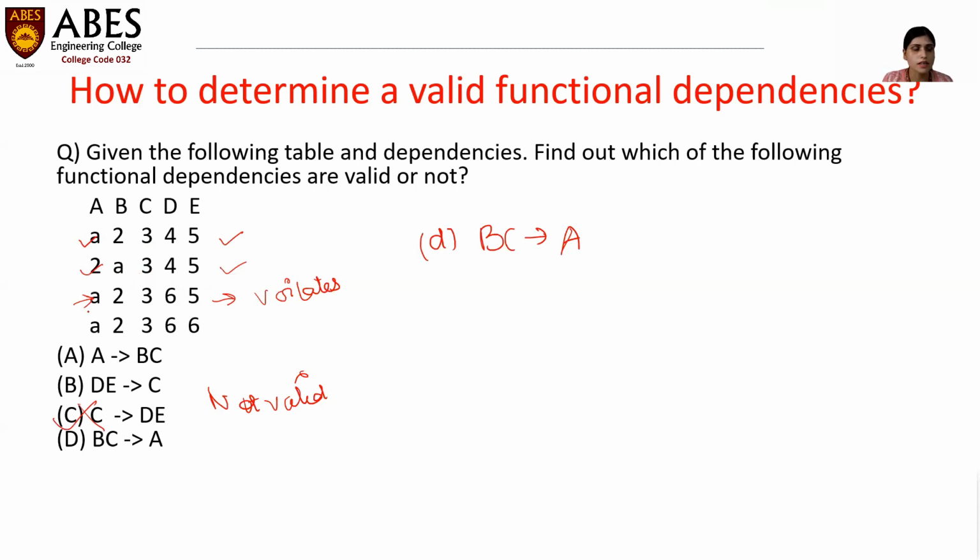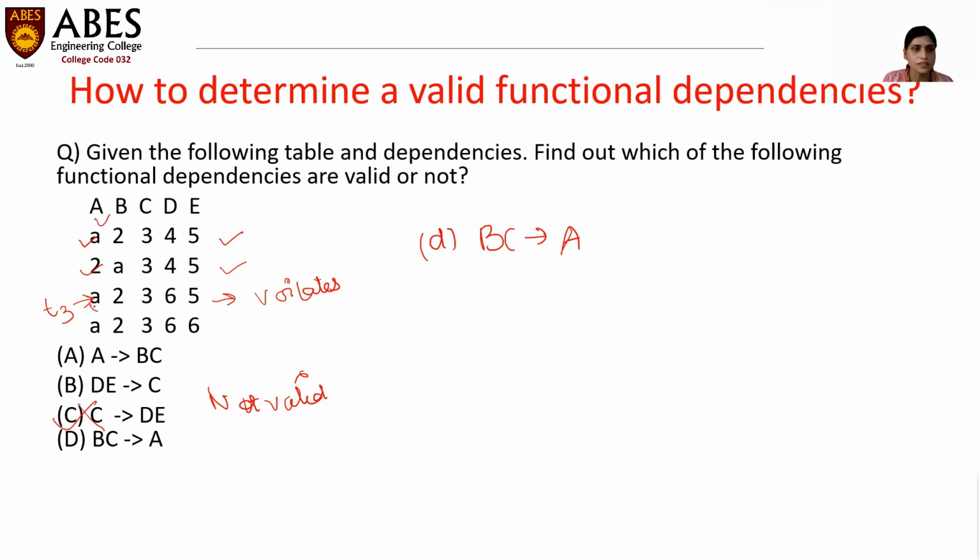Now again, we'll see in tuple 3, we can see that on BC, the value of 2 and 3 gets repeated. So on 2 and 3, we are again getting the same value, that is small a for attribute A.